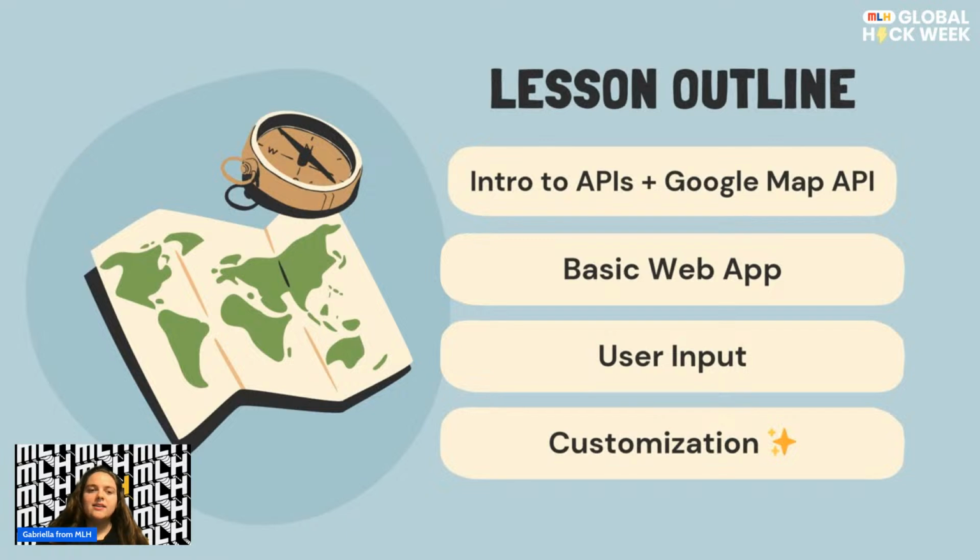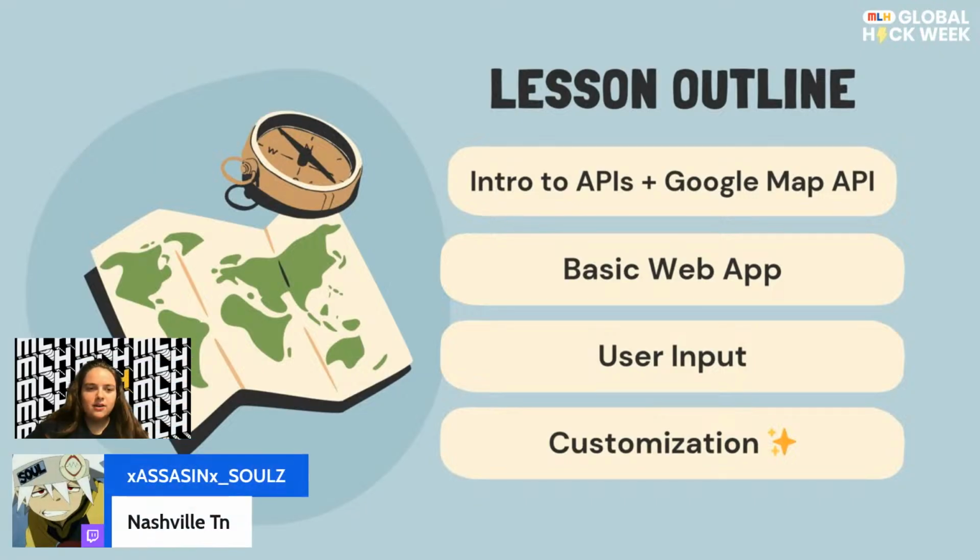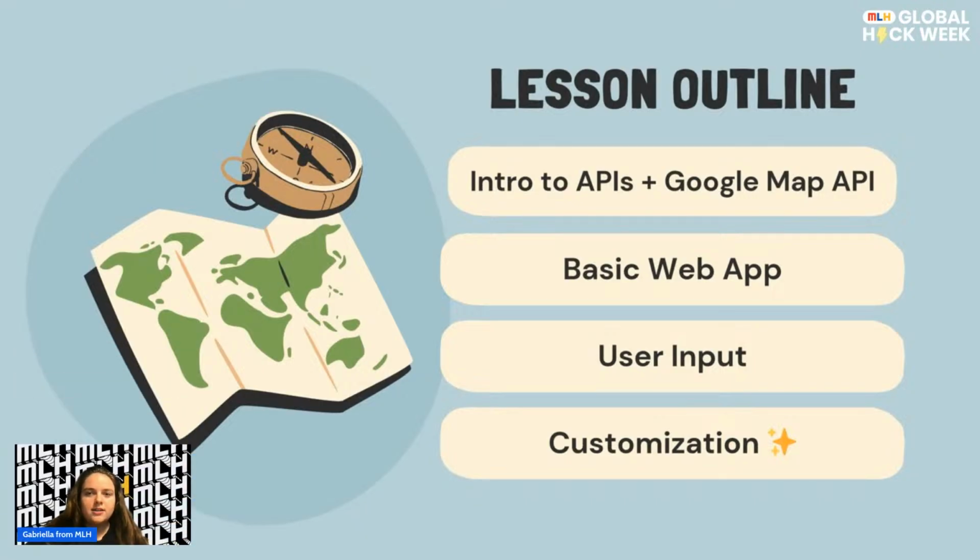But then as a second iteration of the app, we're going to take in user input. So you'll be able to put in your home city, such as Nashville, New York, Austin, Chicago, some examples. You can drop your home city in the chat as well, and we can search those up later when we're testing out the user input.